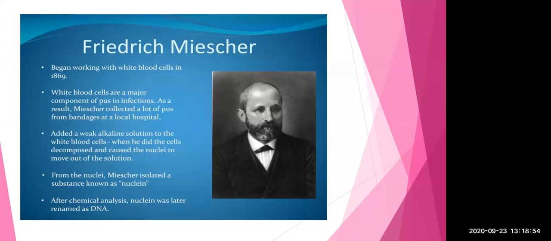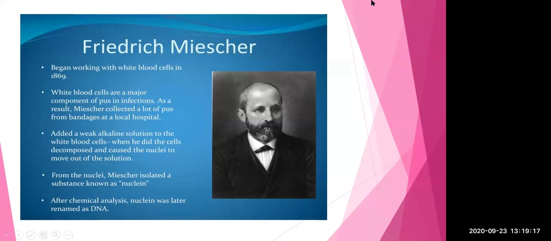White blood cells are the major component of pus in infections, right? As a result, Miescher collected a lot of pus from bandages at a local hospital. Then he added a weak alkaline solution to the white blood cells. When he did this, the cells decomposed and caused the nuclei to move out of the solution.